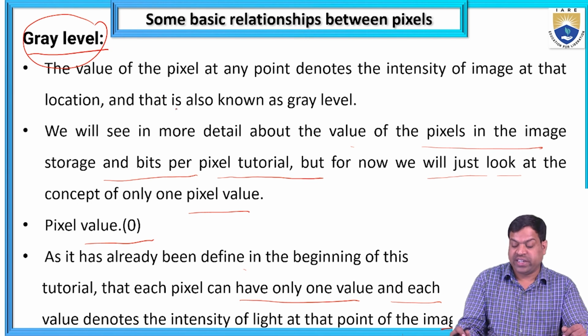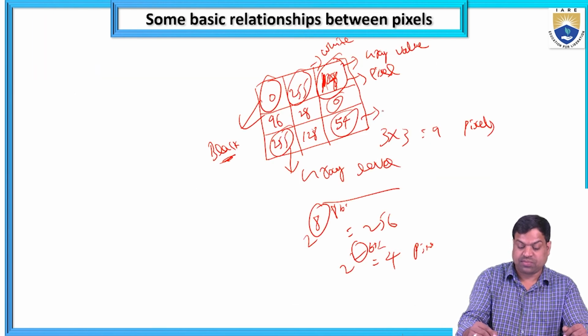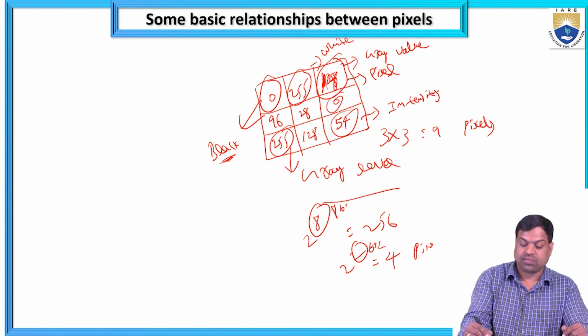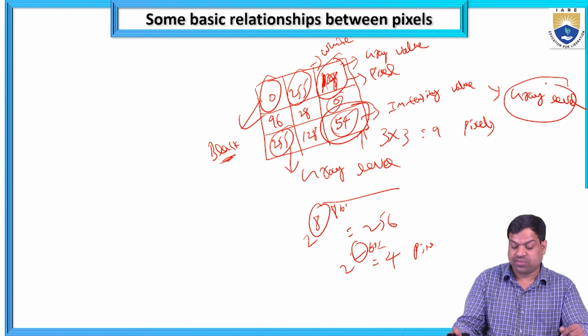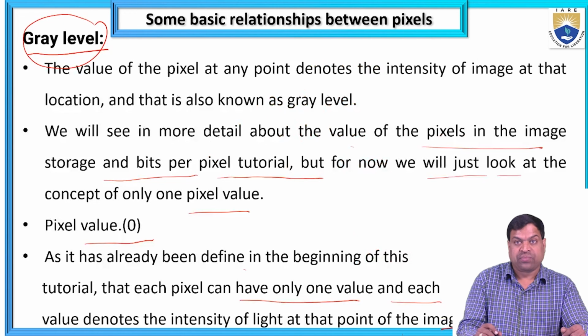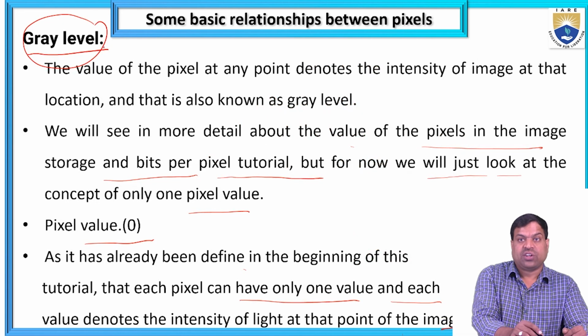The image with the intensity values is also called gray level. In this image, in one pixel, 54 is the intensity value. So the pixel with the intensity value is called gray level.